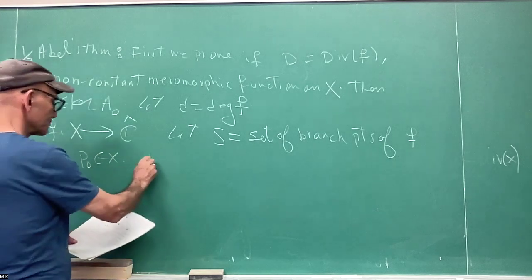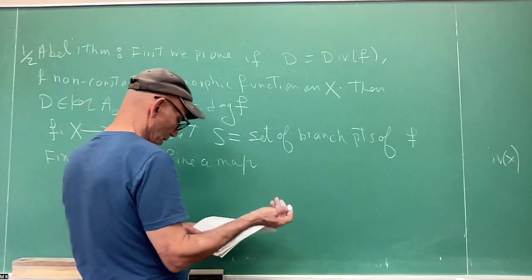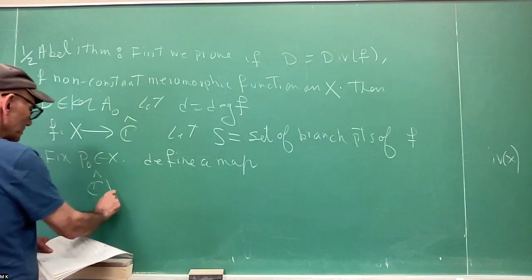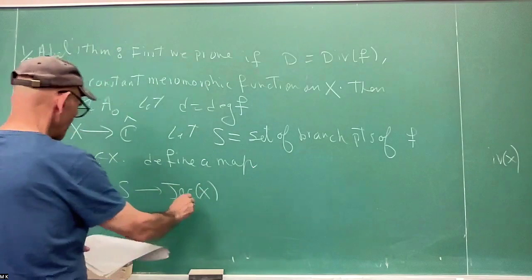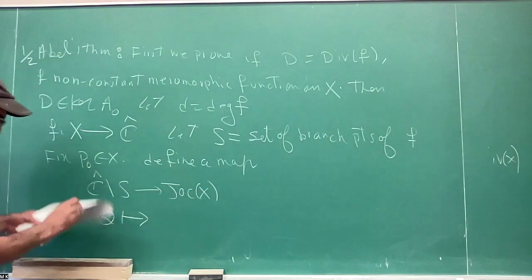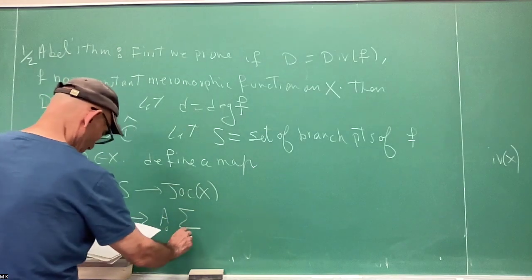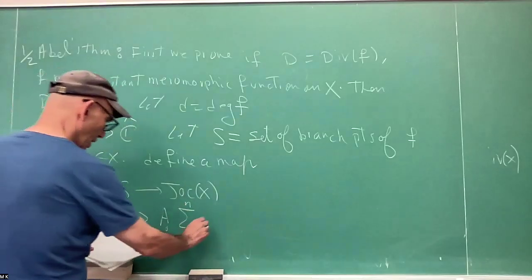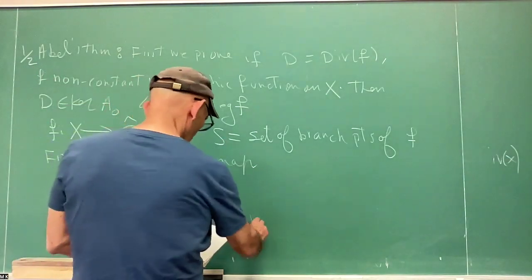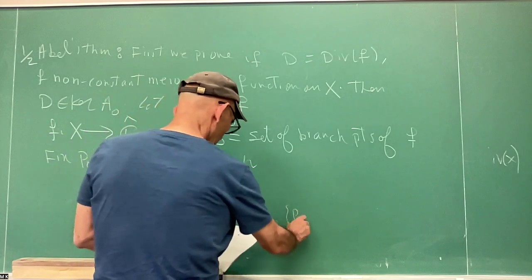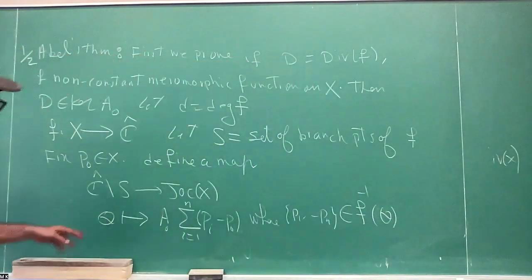So define a map from C hat, from the Riemann sphere, take away the branch points, to the Jacobian of X. That sends the point Q to the Abel map of the following divisor: A0 of the sum over i from 1 to n of Pi minus P0, where P1, ..., Pn belong to F inverse of Q. You see, Q is here.